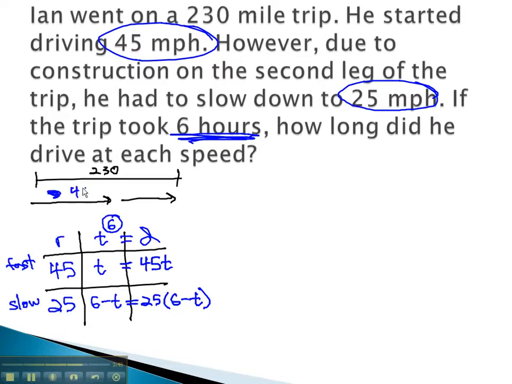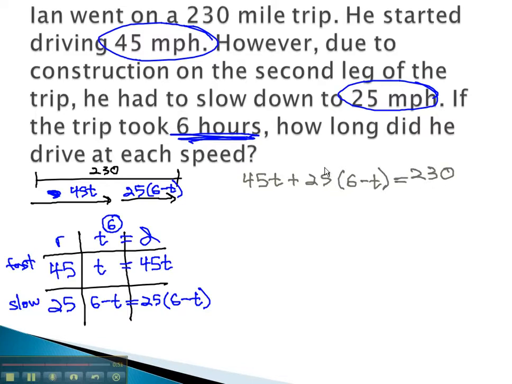If the first leg is 45t and the second leg is 25 times 6 minus t, we need to add them together to get the total trip. 45t plus 25 times 6 minus t equals the total trip of 230 miles.